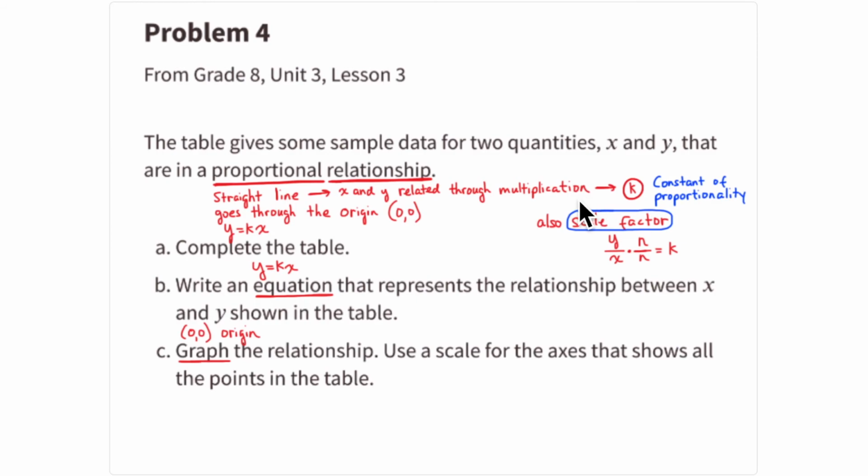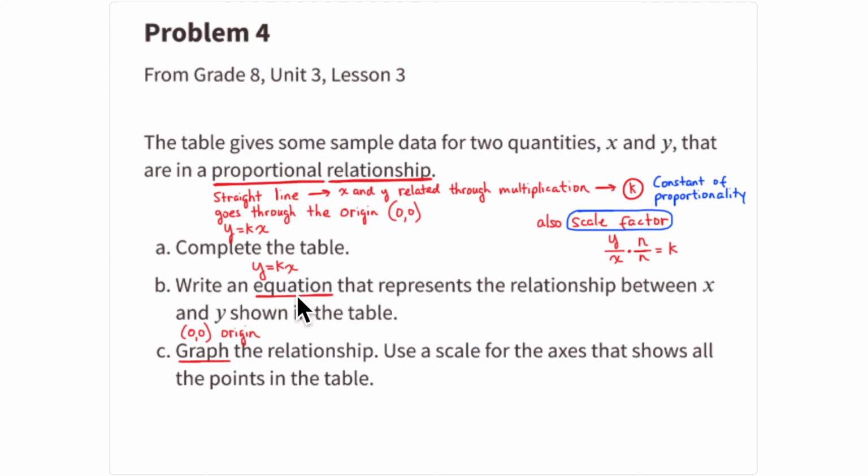Also, there's a scale factor. We haven't talked about this very much, but the scale factor in essence is just equivalent fractions of the constant of proportionality. So 2 over 2 times y over x is going to give you an equal value, just renamed a different way, and that is a scale factor. A scale factor is involved in proportional relationships.